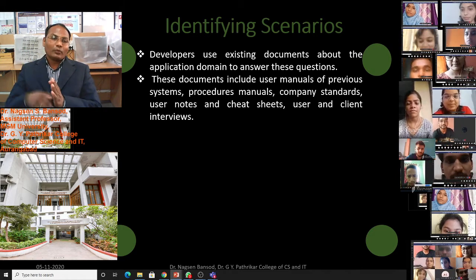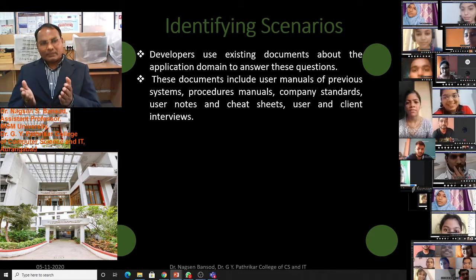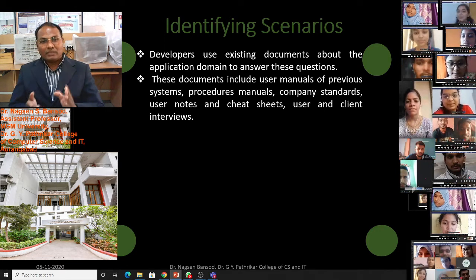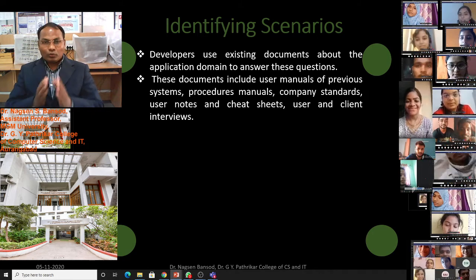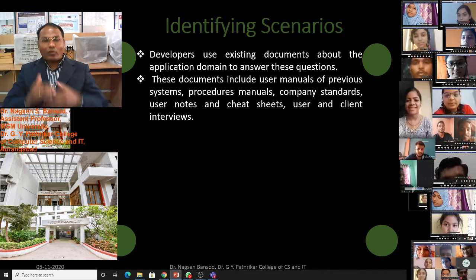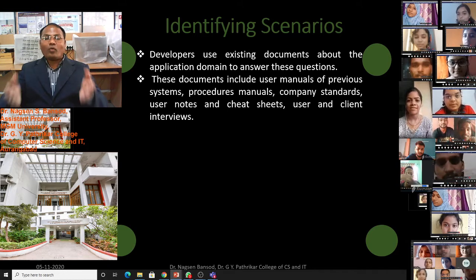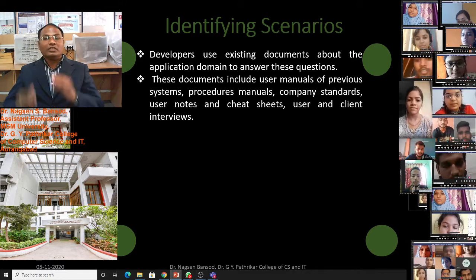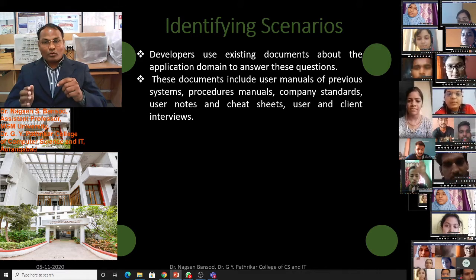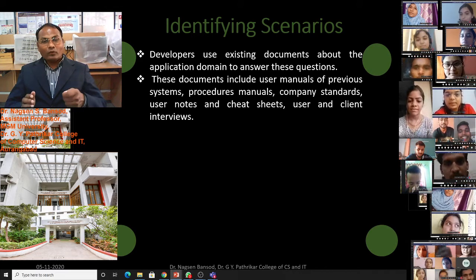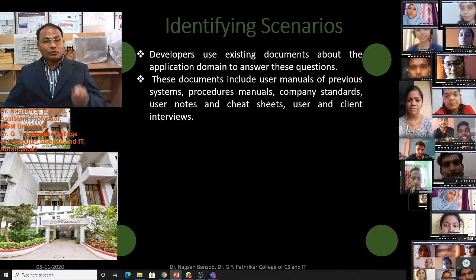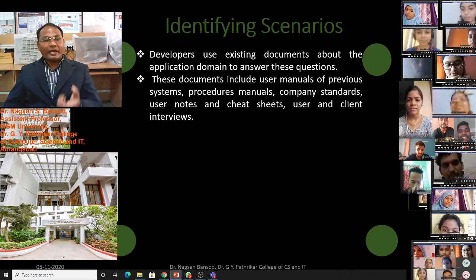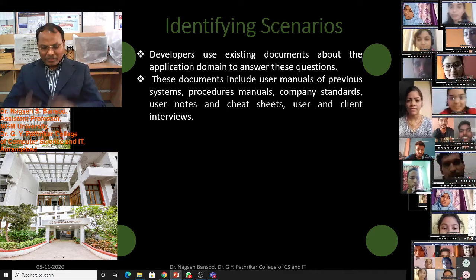Suppose we are going to design software and there is an existing system, then we will take the manual of that system, how the previous software is working, and collect all that information in the form of a document. It includes the user manual for the previous system, procedure manual, company standards, users' notes and cheat sheets, and user and client interviews.